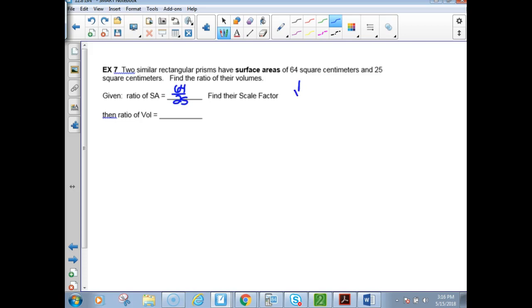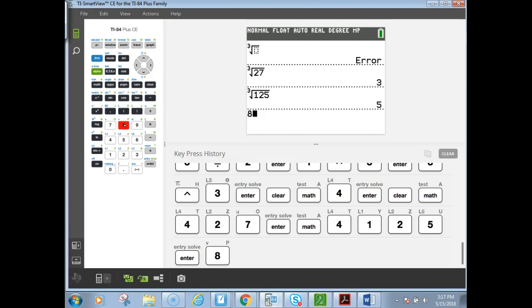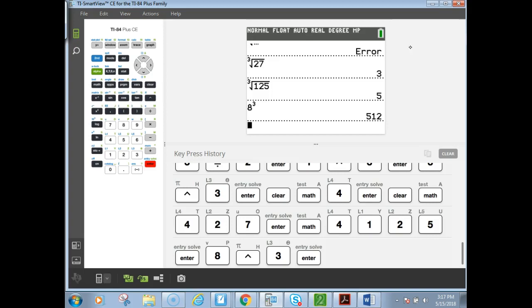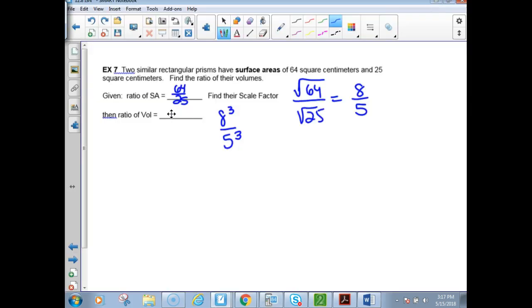Find the scale factor. We would take the square root. The square root of 64 is 8, and the square root of 25 is 5. Now if you want to do volume, you have to cube. So I need to do 8 cubed to 5 cubed. 8 cubed is 512, and 5 cubed is 125.